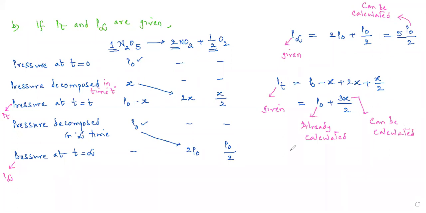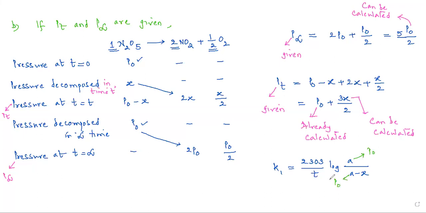You can calculate K1. So, K1 is equal to 2.303 by T log A by A minus X, isn't it? Now that A again is of course P naught, but the way P naught is calculated is interesting here, isn't it?